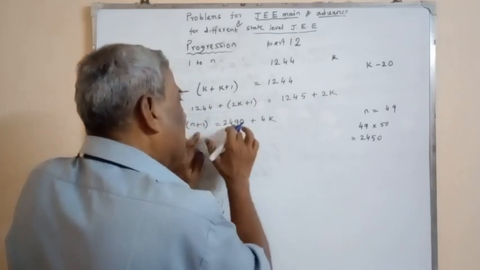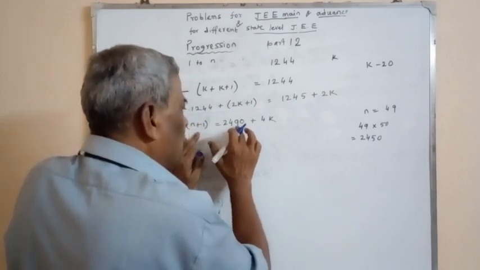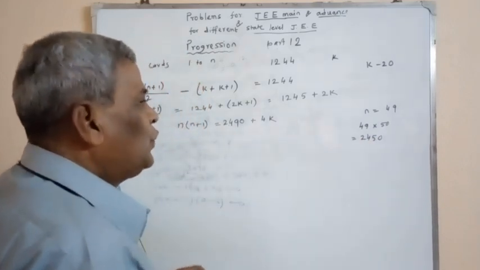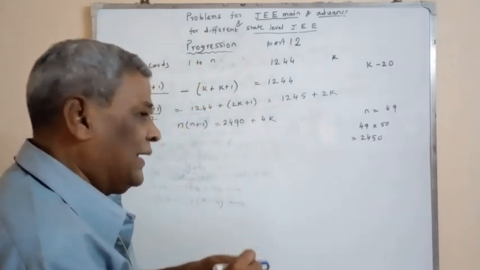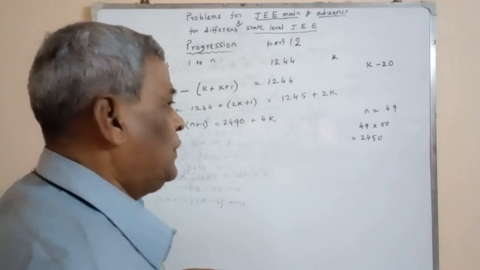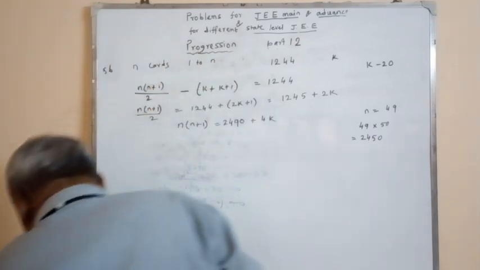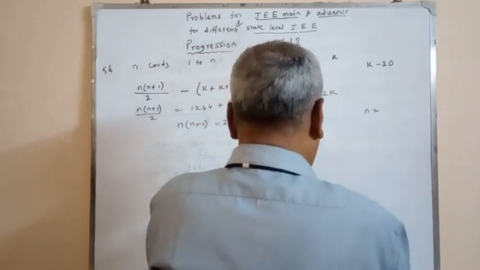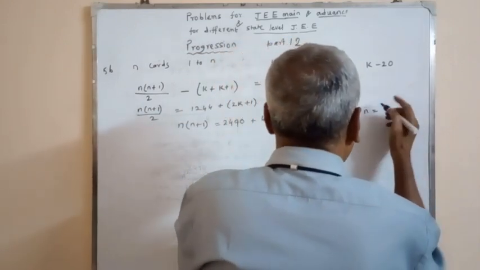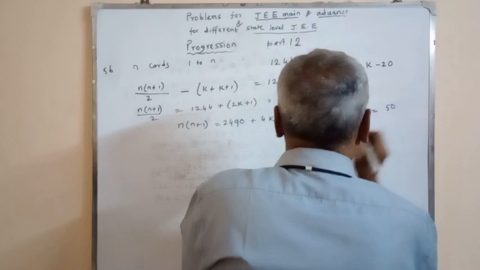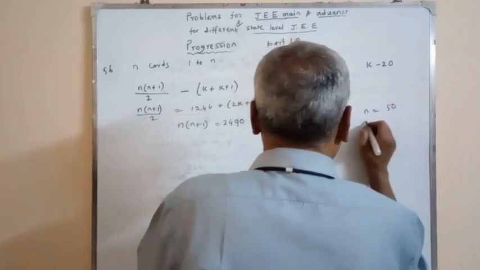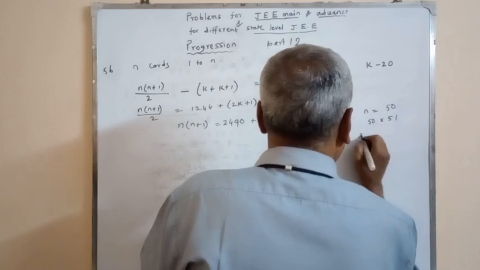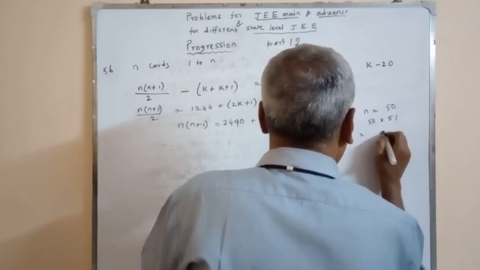So this must be greater than 2490, but this is less. So n is equal to 49 is not at all possible. Next, take n is equal to 50. So n into n plus 1 is 50 into 51.